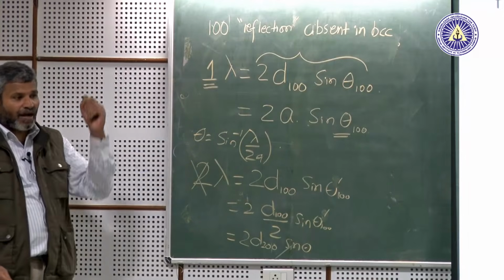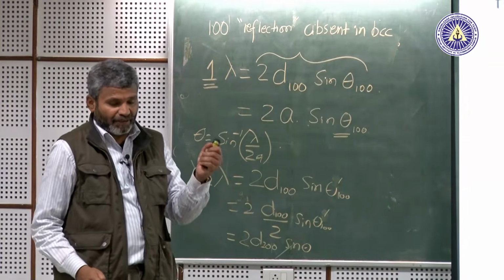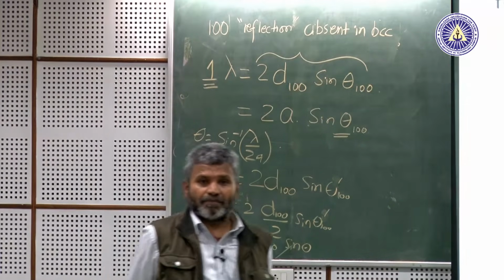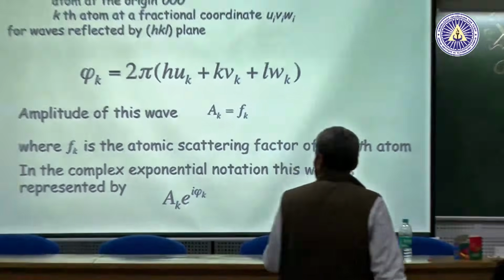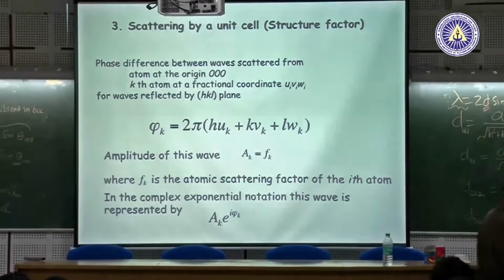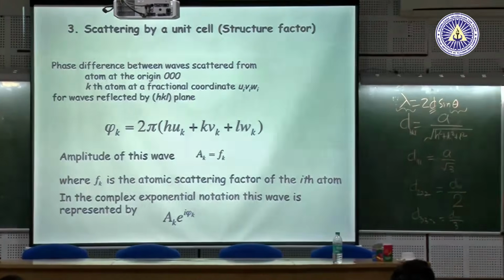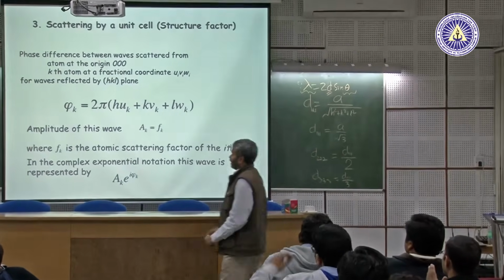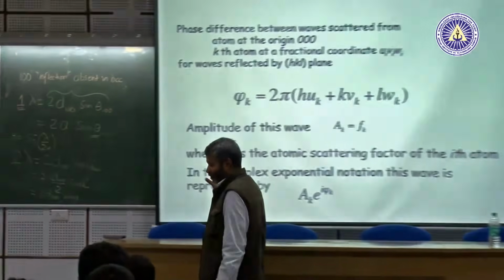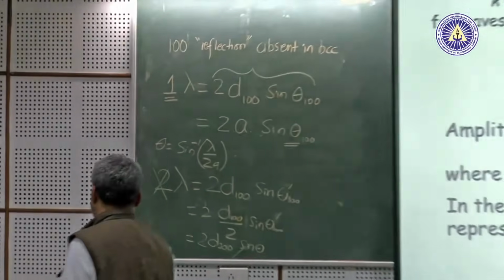But at that theta, when we set our detector, we do not see any beam. The beam is not there not because Bragg's law is not satisfied, Bragg's law is satisfied, but because intensity is not there. This is sometimes put as: Bragg's law is a necessary condition for a diffracted beam, not sufficient.